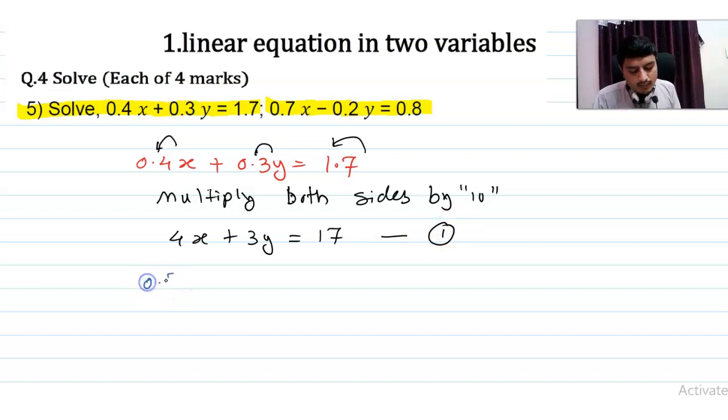The second equation is 0.7x minus 0.2y equals 0.8.